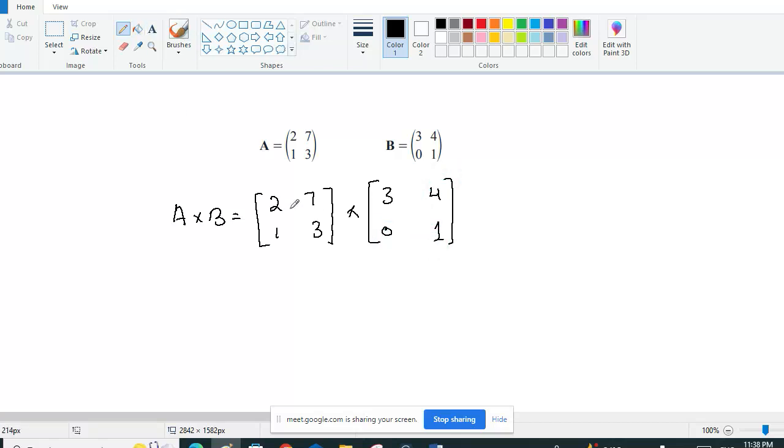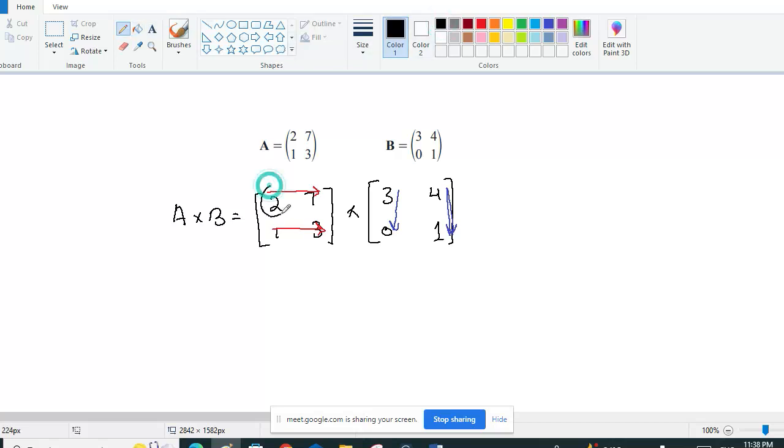In the first matrix, I'll place the lines row-wise, that is there are 2 rows, and in the second matrix I'll place the 2 lines column-wise like this.